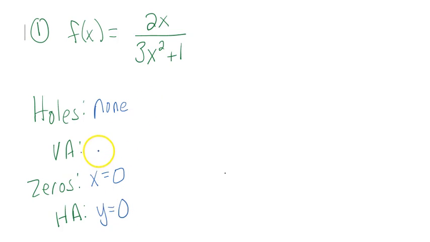The last thing I'm saving is the vertical asymptotes because that's where you look at the bottom and decide what would give you 0 on the bottom. And in this case, it's kind of hard to think about. You might try some different stuff in there. If you plug in something like 1, you're going to get a positive number on the bottom. If you plug in a negative 1 and square it, you're going to get a positive number on the bottom.